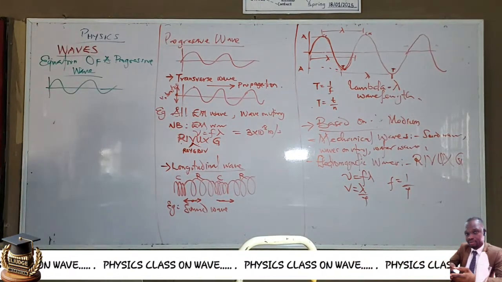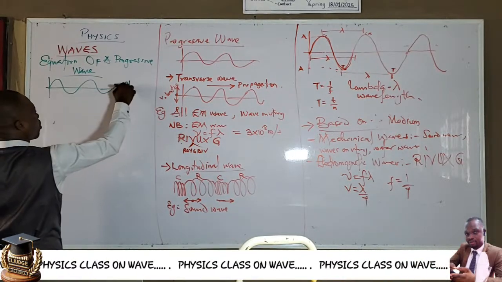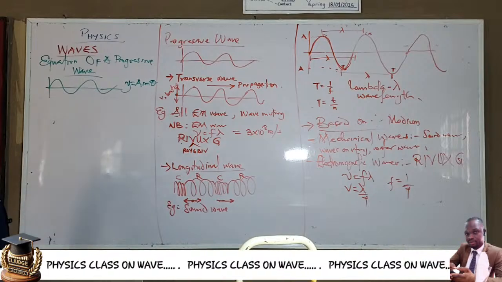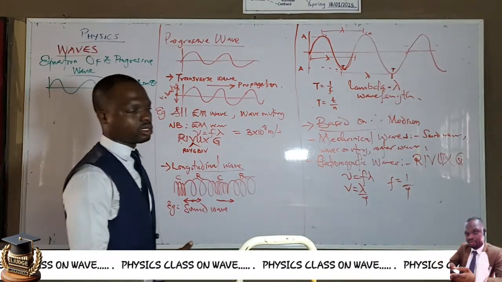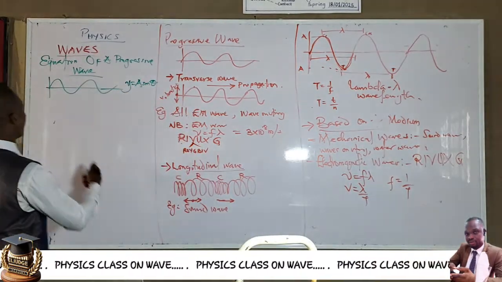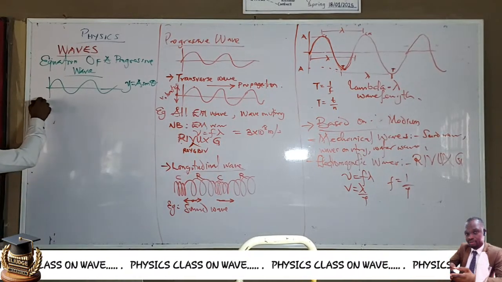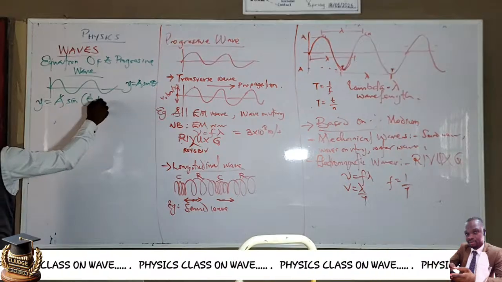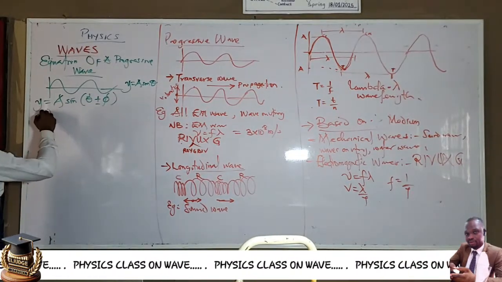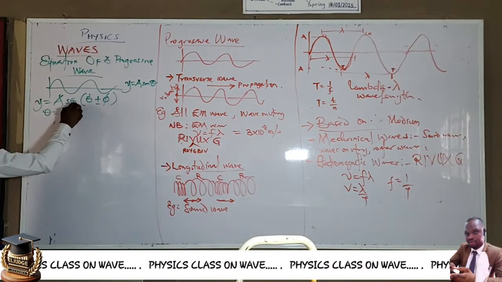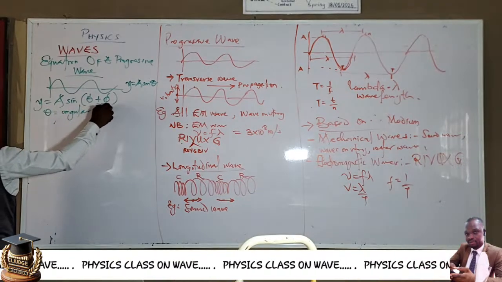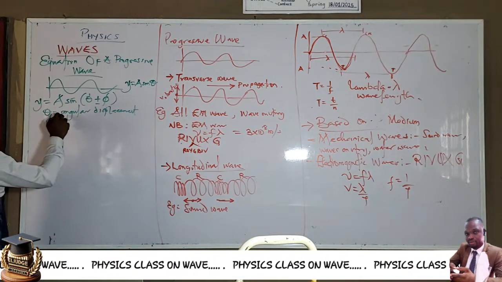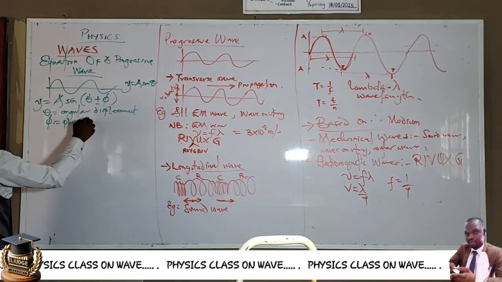If it's starting from the origin, you can write it as y equals A sine theta. But in the case where it is not starting from the origin, or there's a phase angle difference, then you have to consider A sine (theta plus or minus phi), where theta stands for the angular displacement, and phi stands for the phase difference.